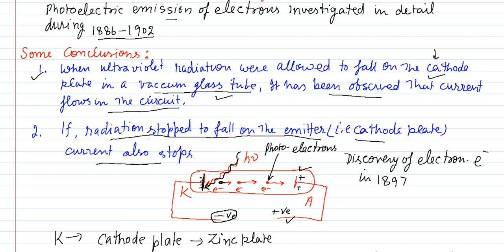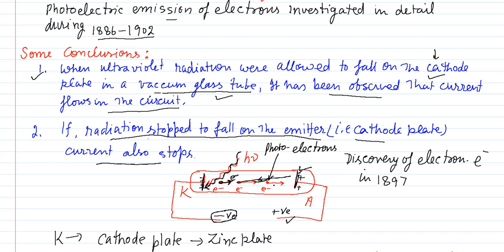These particles are electrons, and this is the positively charged plate at high potential, which attracts these electrons.